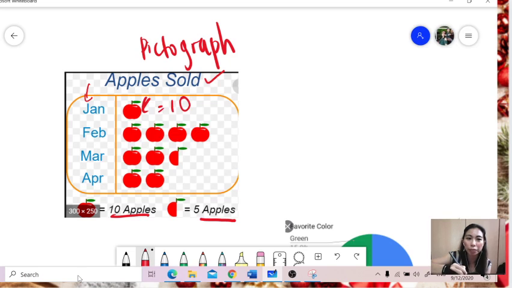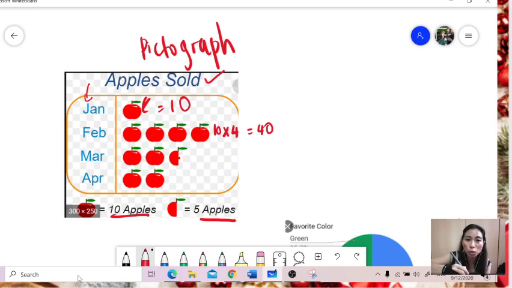So this is 10. February, we have 1, 2, 3, 4. 4 whole apples means 10 times 4, because one apple represents 10 apples, right? So if I have 4 apples, it means I have 40 apples. In the month of March, you have 2 whole apples and 1 half apple.